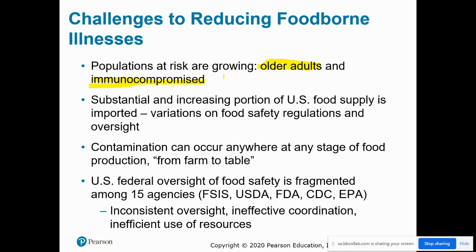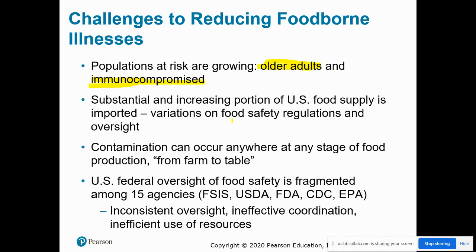We also see, when we look at the food system, we have a very global system. So we're getting food from all corners of the world. And what that means is that, first of all, the food is going to pass through various hands, various locations, all sorts of different environments and ecosystems.